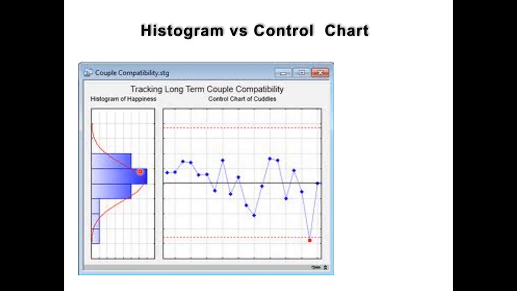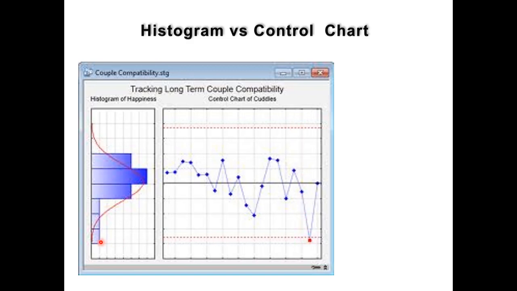This is another example of how you can track the data set which was plotted in the form of a histogram. By using a control chart, you can easily see whether those values are above or below the nominal values. In particular, you will identify if a value lies below the lower or above the upper specification limit.